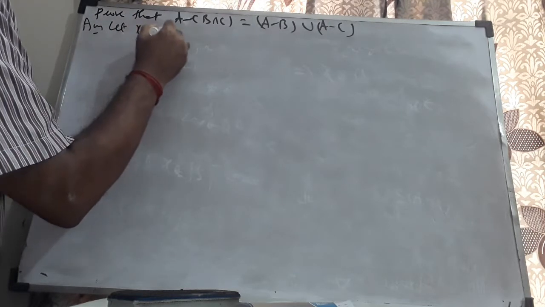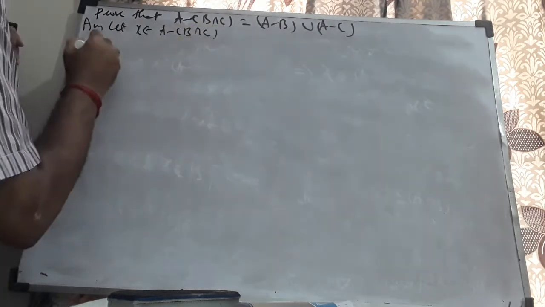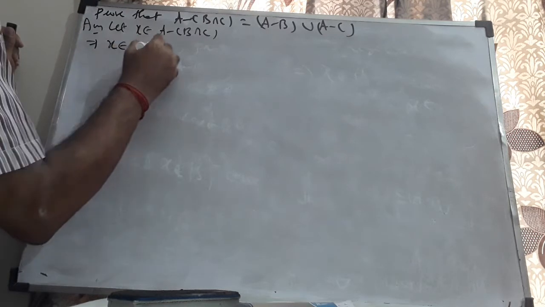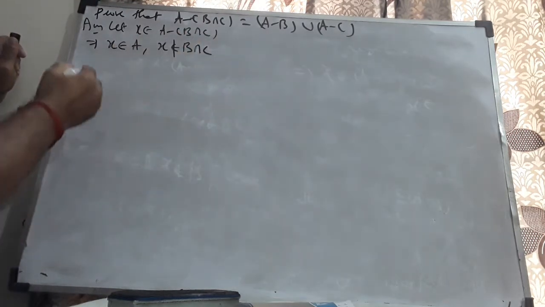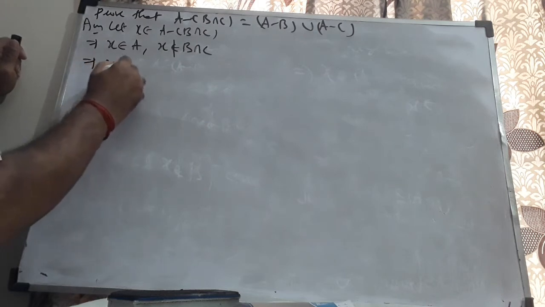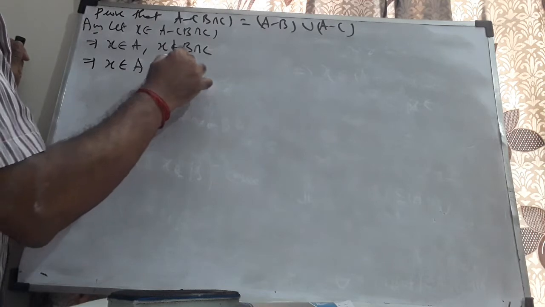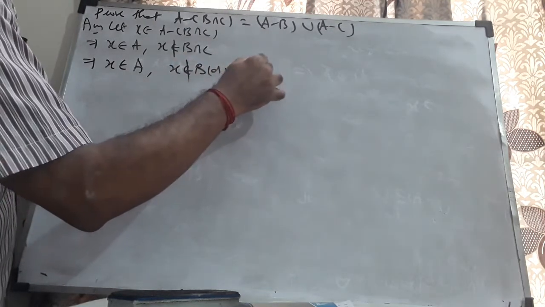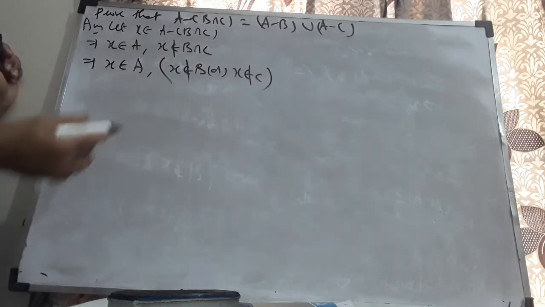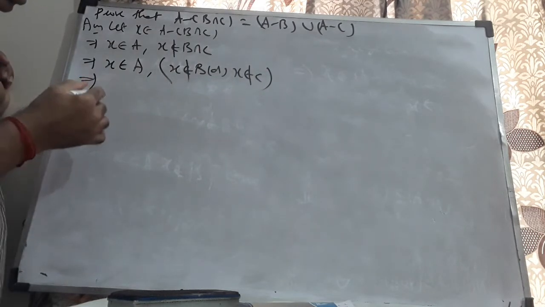Let X element of A minus B intersection C. X element of A but X not in B intersection C, which implies X not in B or X not in C. If it is not there in one of them, it won't be there in the intersection.